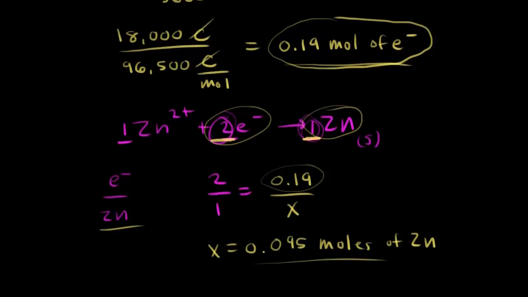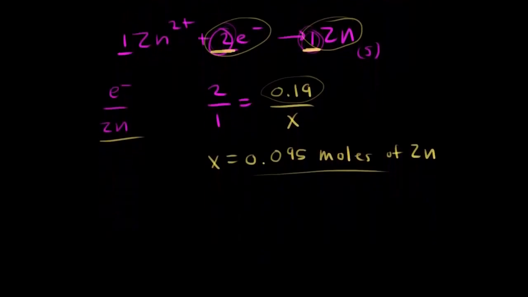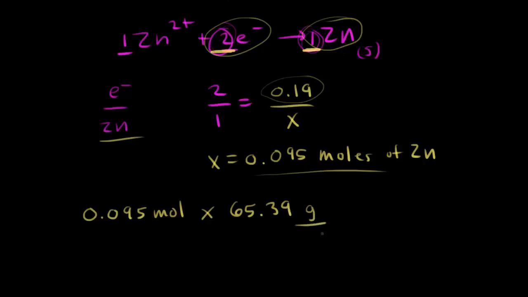Finally, we need to go from moles of zinc to grams of zinc. Our problem asked us for grams of zinc that were deposited. So going from moles to grams is pretty easy. You just multiply by the molar mass. So if you have 0.095 moles of zinc, and we multiply by the molar mass of zinc, which is 65.39 grams per mole.